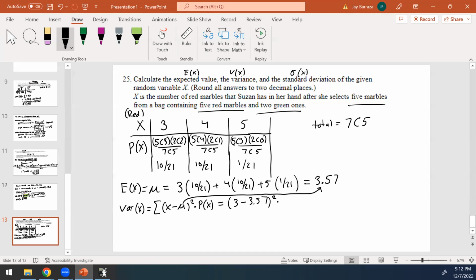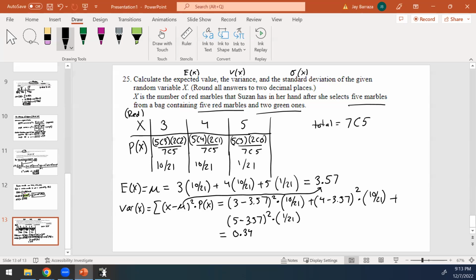And then you're going to square that, and multiply that by 10 over 21, plus 4 minus 3.57 squared times 10 over 21, plus 5 minus 3.57 squared times 1 over 21. Okay. And if you do that correctly, you are going to get, what does the answer say? 0.34.